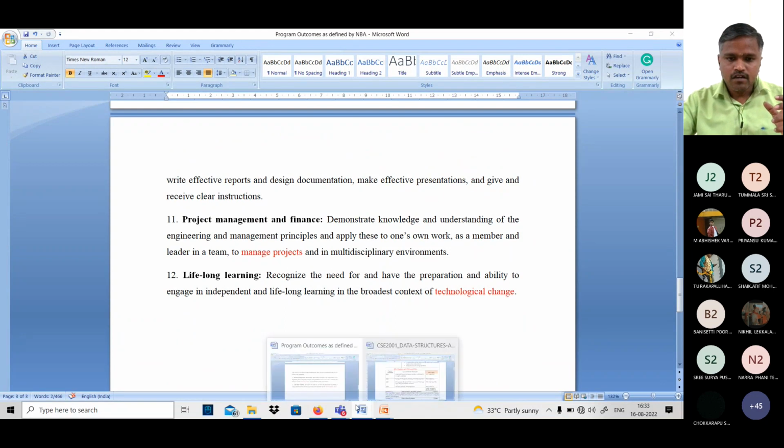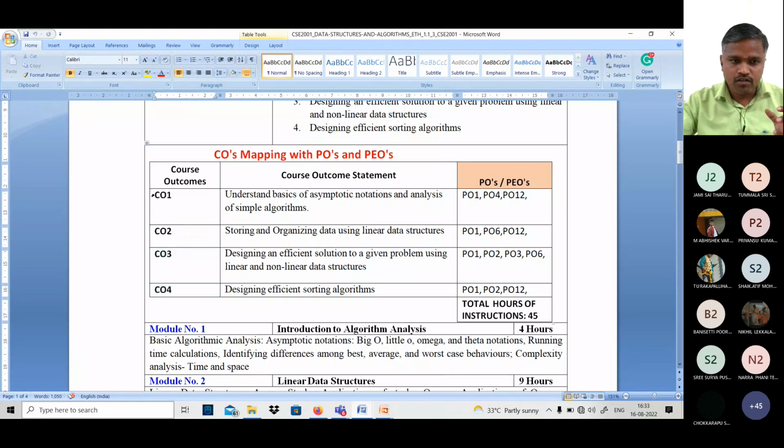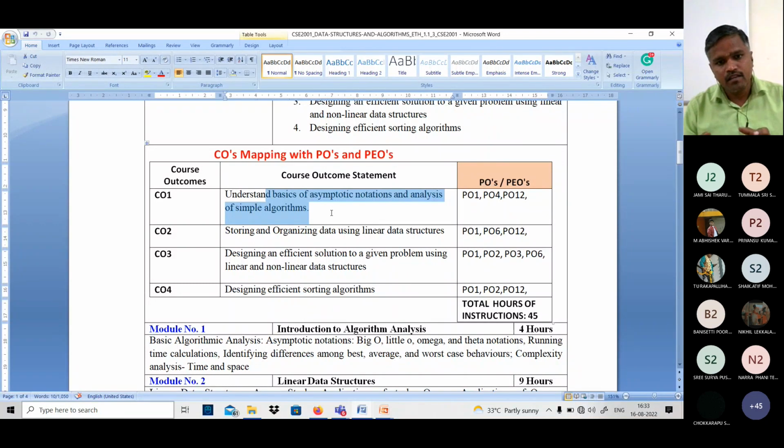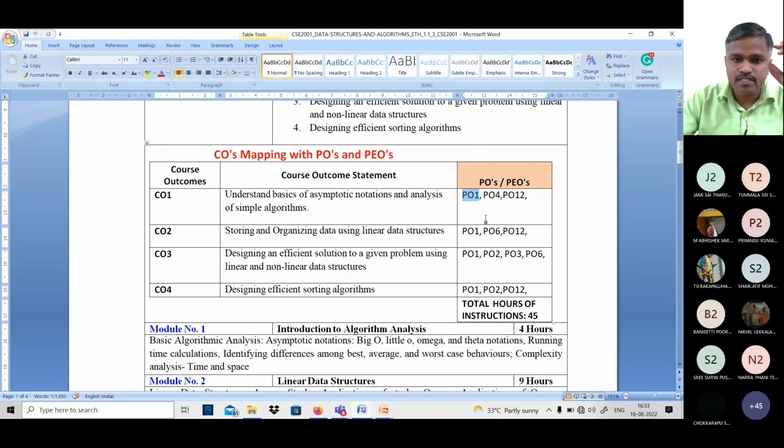Which course outcomes map to which? This course outcome is understanding the basics of asymptotic notations and analyzing the algorithm, to find out which algorithm is better or best. These topics are related to knowledge. You are getting computer science and engineering knowledge related to analyzing the algorithm's performance.